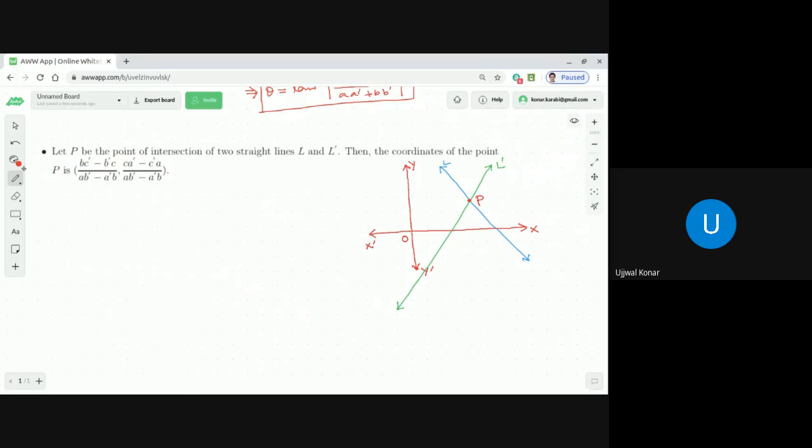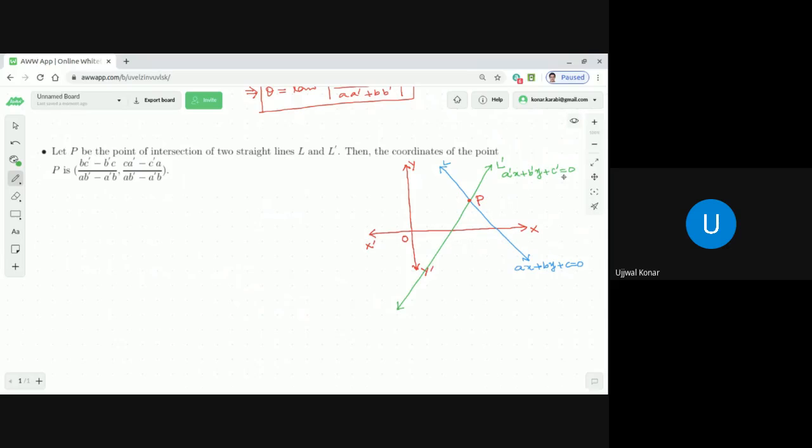What is the equation of L, dear students? Equation of L, we know that it is Ax plus By plus C is equal to 0. And what is the equation of L dash, dear students? That we know is A dash x plus B dash y plus C dash equal to 0.